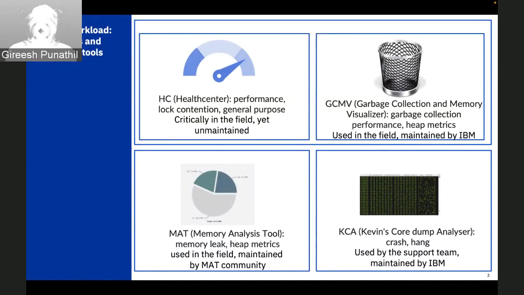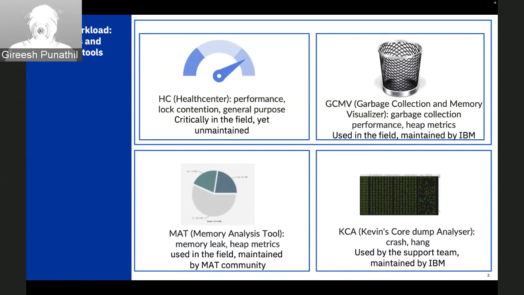The most important one being the Health Center, used to aid in performance and lock contention in a critical manner, and has been used in production without much performance overhead. GCMV stands for Garbage Collection and Memory Visualizer. It specifically targets garbage collection performance as well as heap metrics, and largely works on the verbose GC logs.